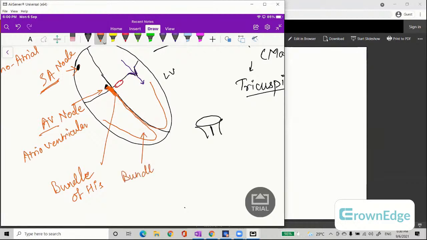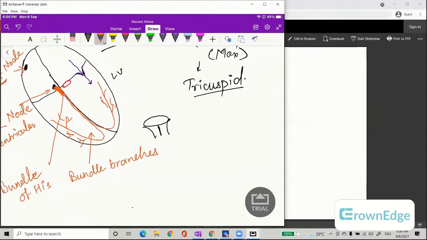They are said as bundle branches, and finally these fibers will divide and provide conduction to all the fibers, and these sub fibers, you can say, are known as the Purkinje fibers. Everything we discussed in the theory question already.